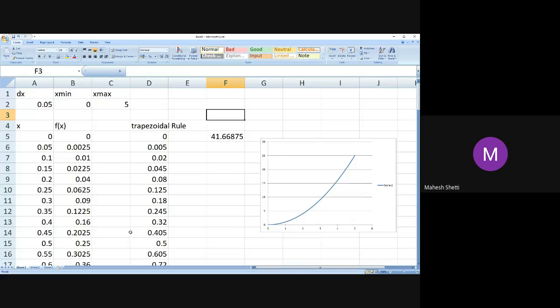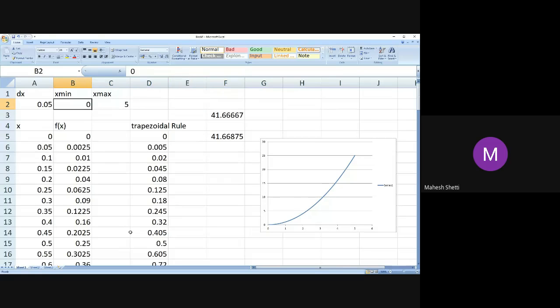If I calculate 125 divided by 3 in another cell, I get 41.66667. And here my answer is 41.66875, which means there is an error in the third decimal place from the actual value and the numerical method we have used. So the trapezoidal rule is in a way simple, but not very precise.